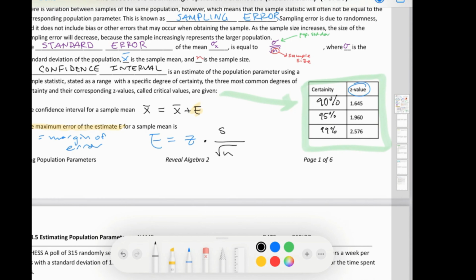What do these all mean? This is your z-value, and it comes from your confidence level.